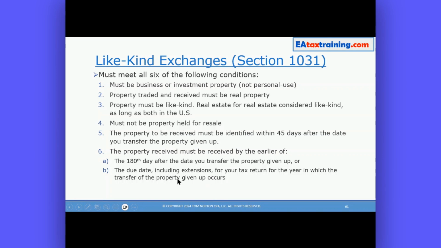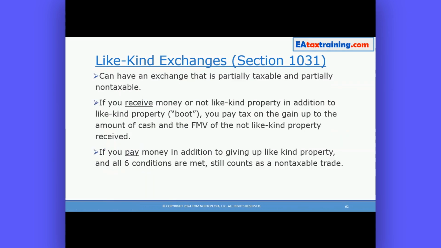So if you're talking about a calendar year here, and let's say you've got an S Corp, the due date for the S Corp return is March 15th. You can extend that 6 months to September 15th. So you would have up to September 15th of the following year. So it would be the earlier of those two: 180 days after the date you transfer the property, or the due date, including extensions, for your tax return for that year.